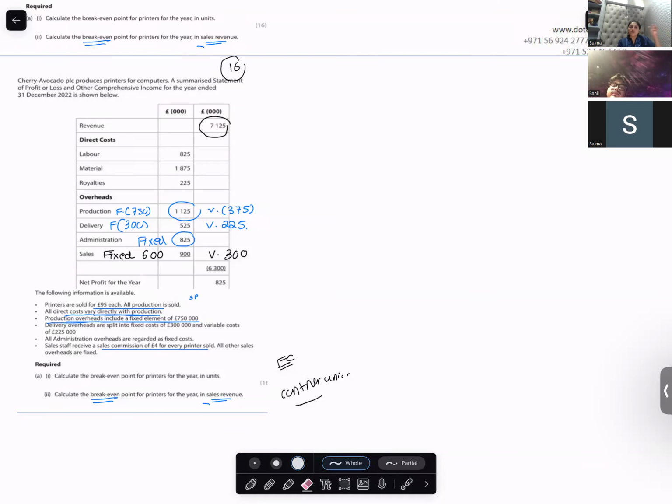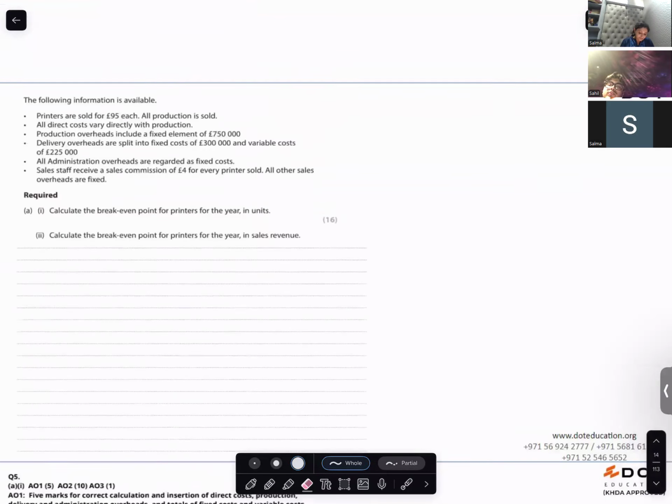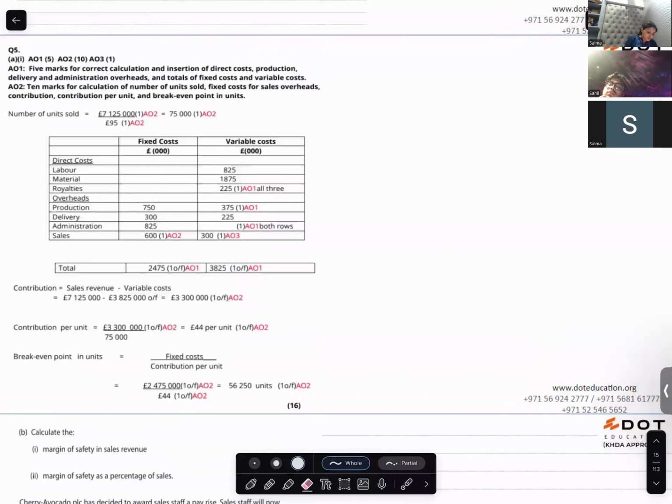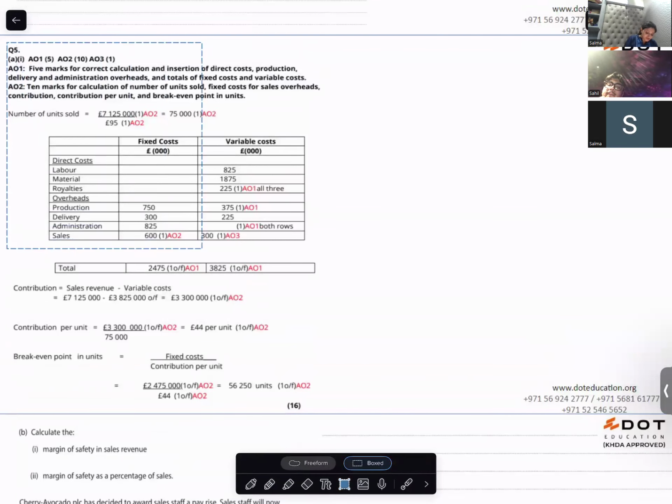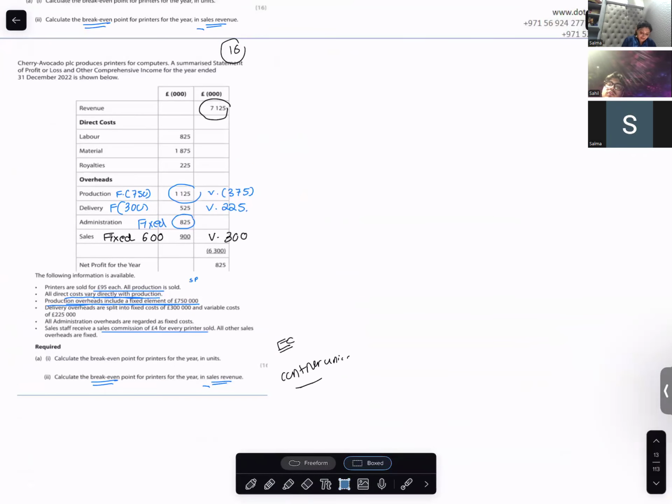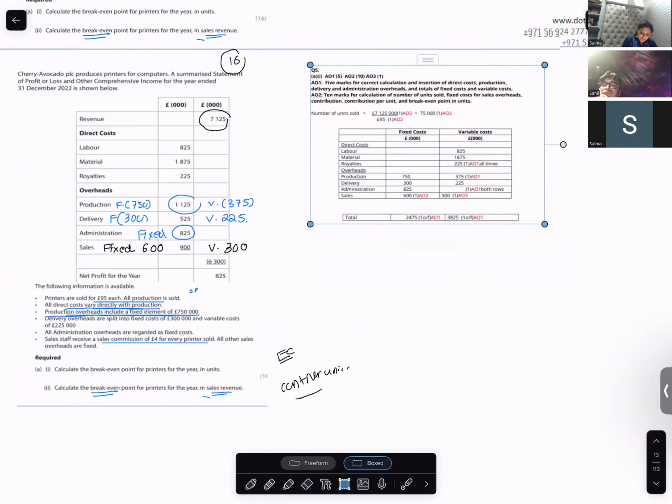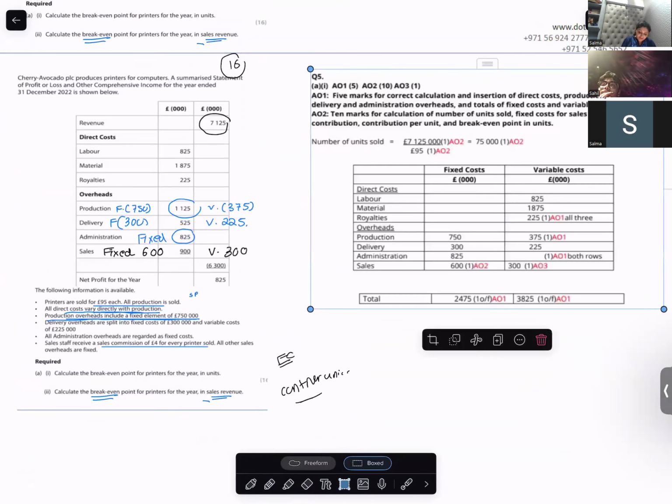I need the fixed cost to find the break-even point, and the variable cost to find the contribution. I also had to find the number of units sold, which is 75,000.